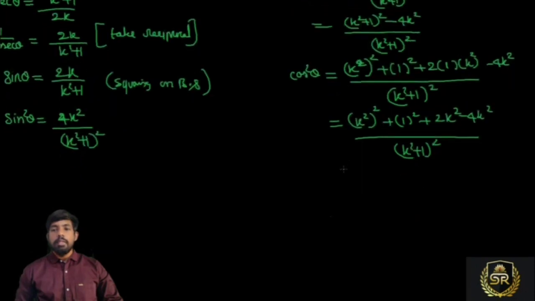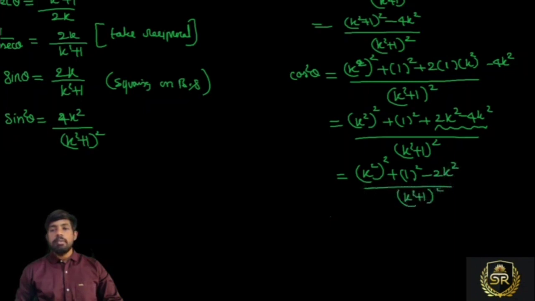So what am I doing here? 2k square minus 4k square is minus 2k square, by k square plus 1 whole square. So what will it become?